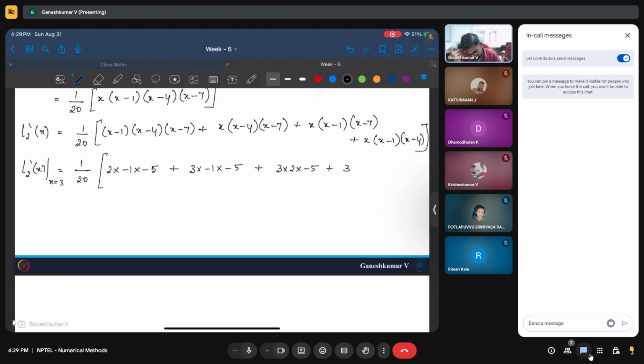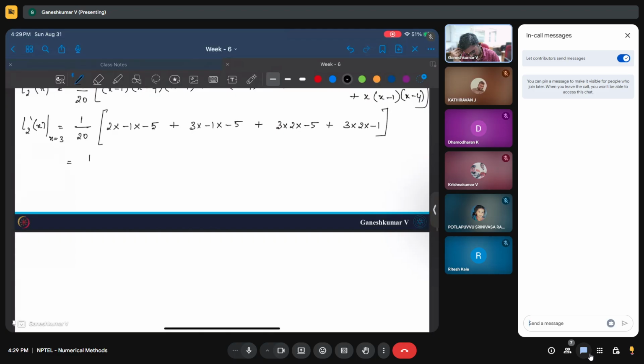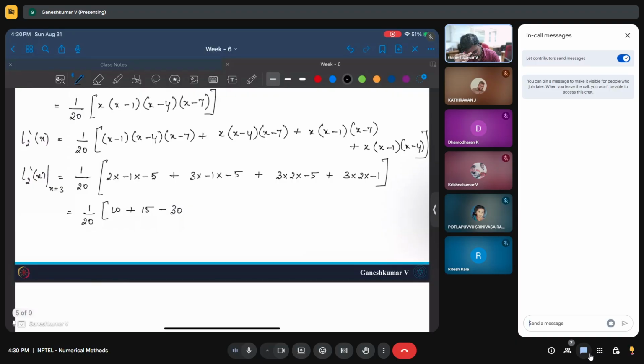This is going to be 3, 2 minus 1. 1 divided by 20, this is positive, this is 10, plus this is also positive 15, plus 3 sixes are 18, 6 fives are 30, but this is negative, minus 30. Is it correct? How can I get 5?